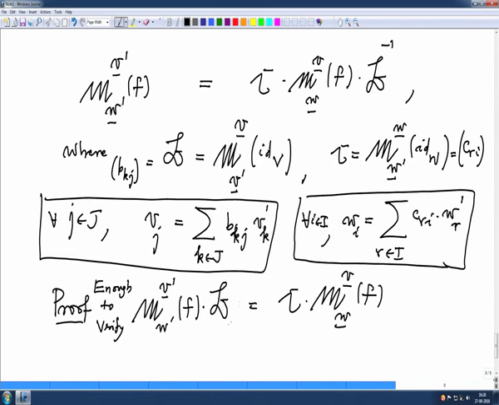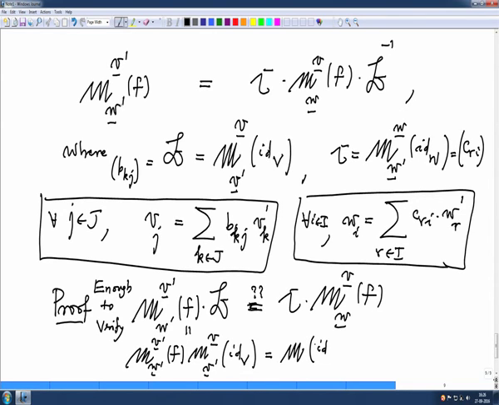But I am going to substitute what B is. B is this. So this is M_{V prime W prime} F, and B is, I am just substituting this, M_{V V prime} ID_V. We have to check this equality, right? So I am going to start from this side. I have just substituted B by definition. And remember, this is the same basis, so this is the same as M, the identity of composition.